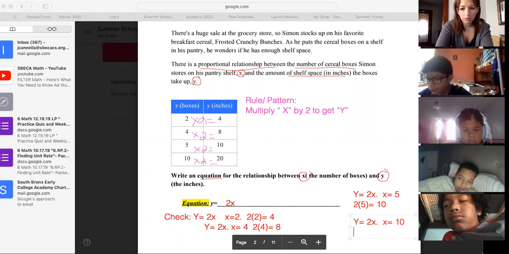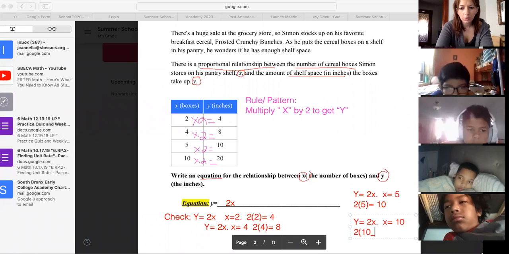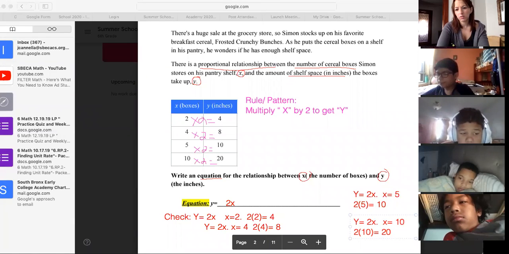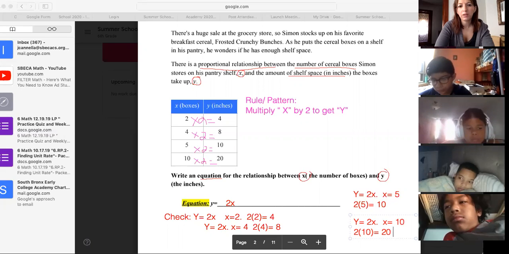I multiply 2 times 10, and do I get 20? Yes. So do you see why that's the correct equation? Because if they said, which of the following equations matches the table, that's how you would test it. You test every value in for X to get your Y. If you do not get your Y output, then you got the wrong rule or equation.